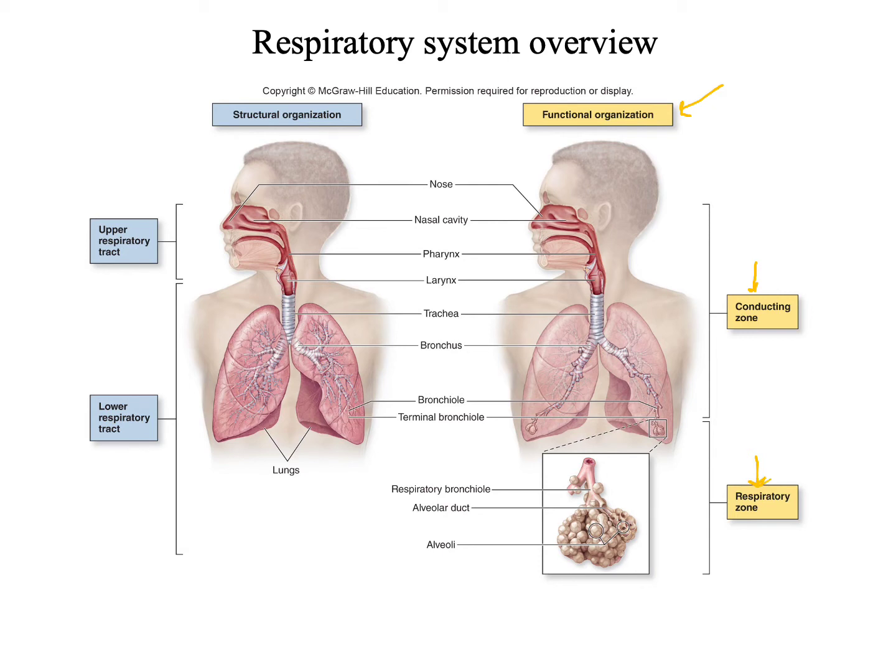So we can see it's divided into the conducting zone, so that's air passageways, and the respiratory zone, and that's where gas exchange occurs. So the conducting zone consists of everything from the nose down to the terminal bronchioles, shown here. And then the respiratory zone are the areas where gas exchange occurs, which include the alveolar ducts and the alveoli.